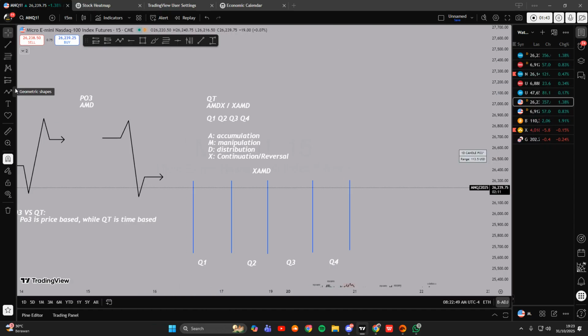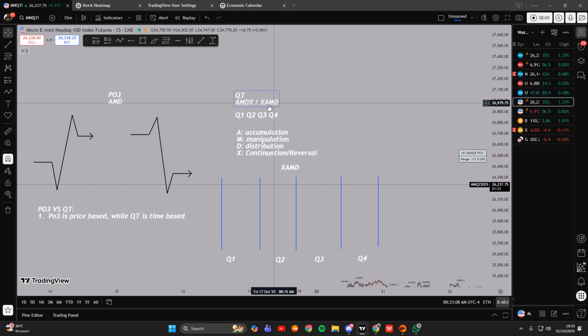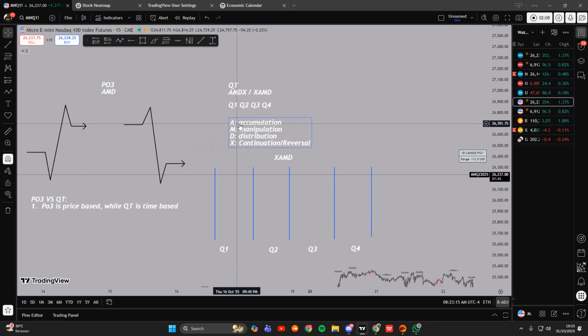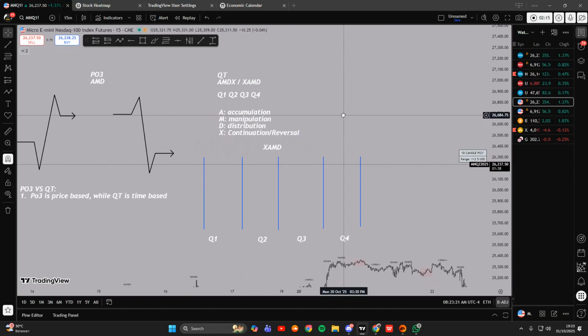It's pretty much quarters of time based, time plus price based, if that's how you want to call it. But pretty much quarterly theory is AMDX or XAMD, which happens in 4 quarters. So A, accumulation, M, manipulation, D, distribution, and X is either continuation or reversal of the distribution leg.